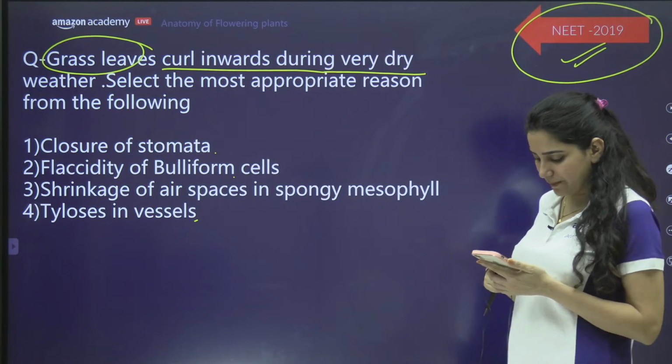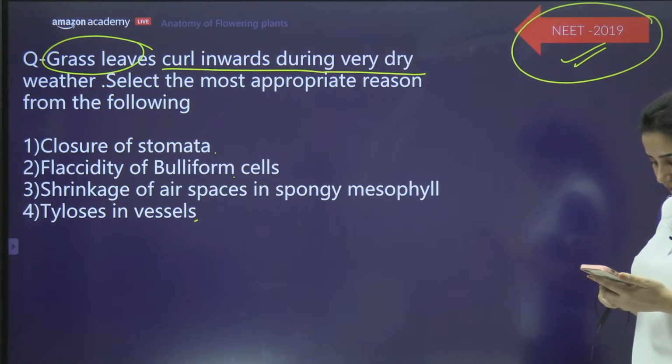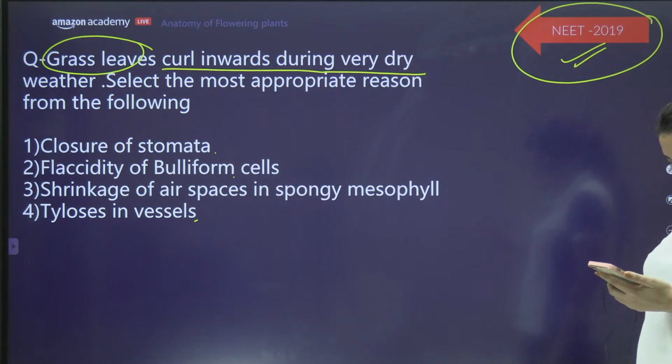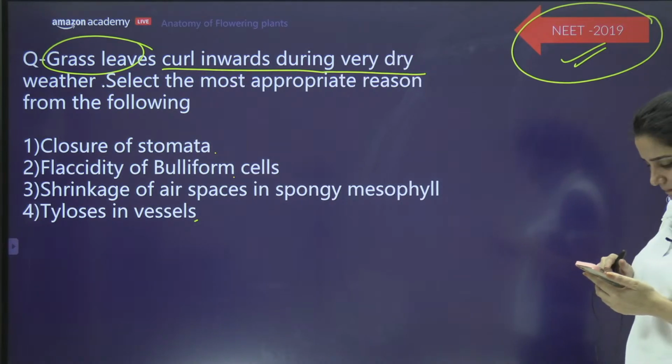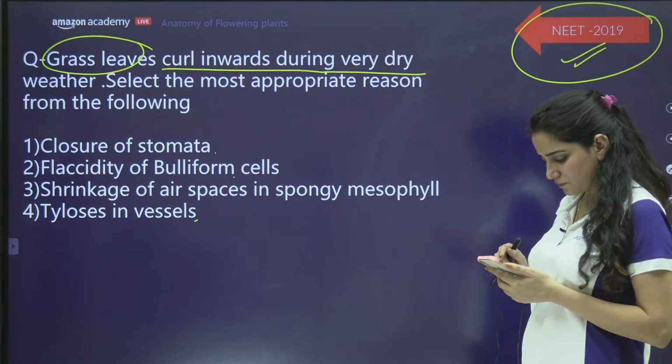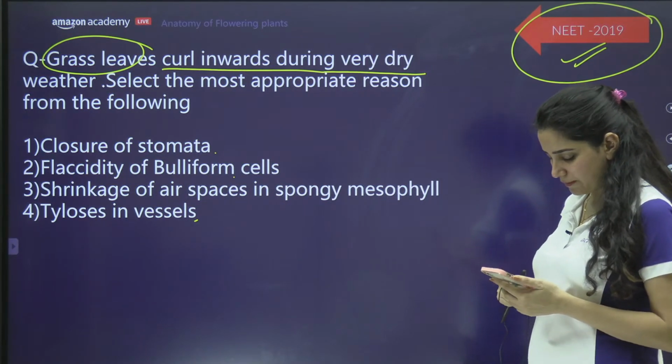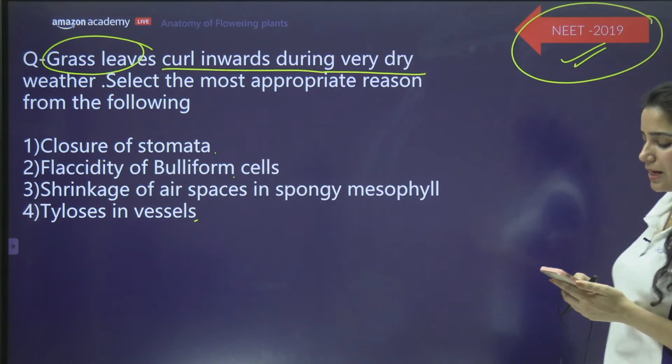Yes, tell me. क्या repeat कर दूँ बेटा? Yes, tell me बच्चों क्या होगा आंसर?